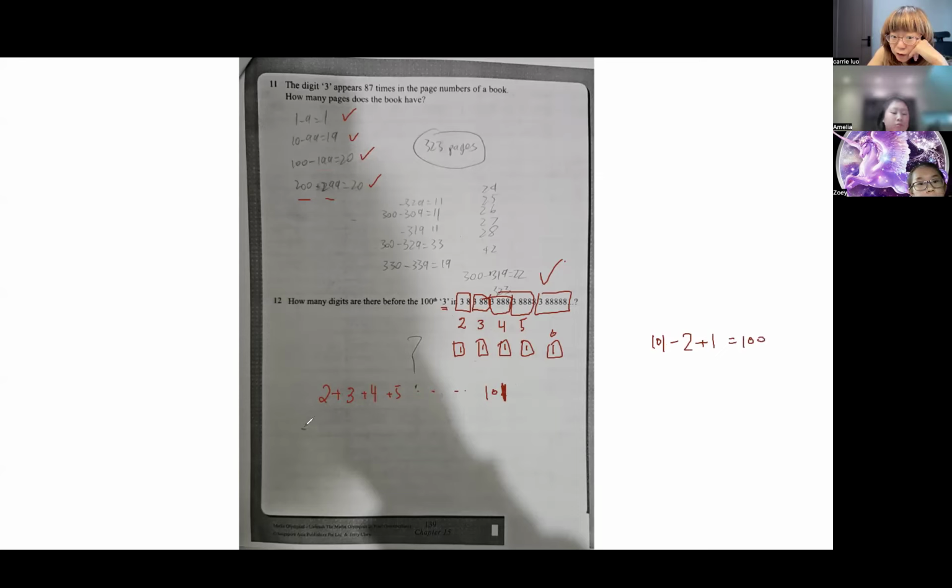So how many digits are there? Exactly (2 plus 101) times 100 divided by 2. That's the answer.